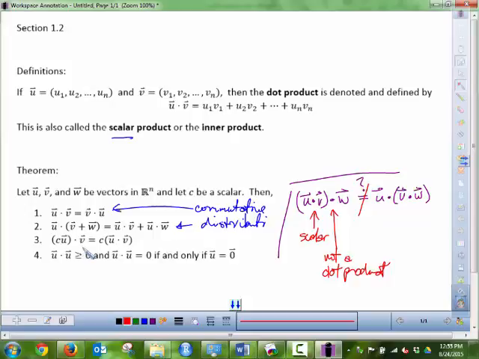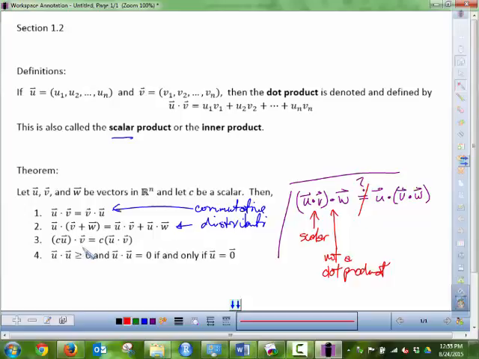Okay, any questions? Yes? So when you say scalar, that means that it's going to be a number, right? Yes. Number, right? Yeah. So for us, a scalar is a number. Realistically, it could be a real number or it could be a complex number. But we're not going to be dealing with complex numbers. And if the vectors are different dimensions?